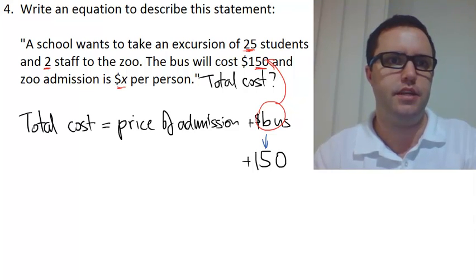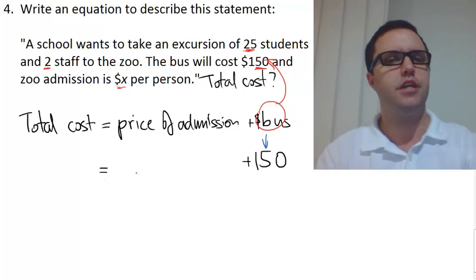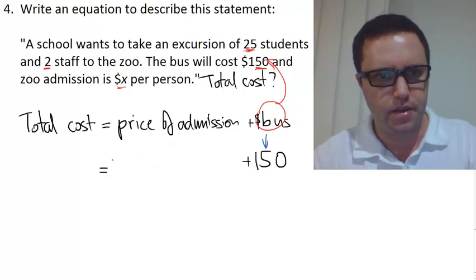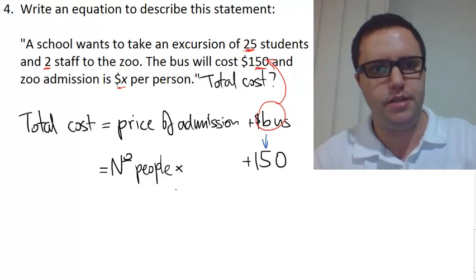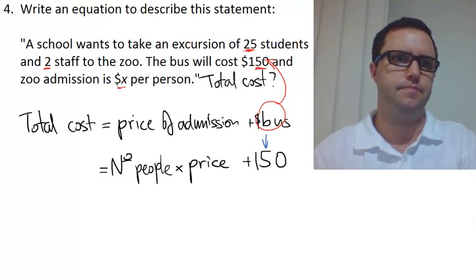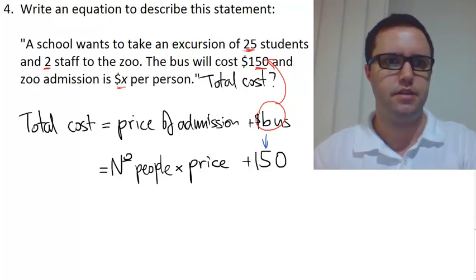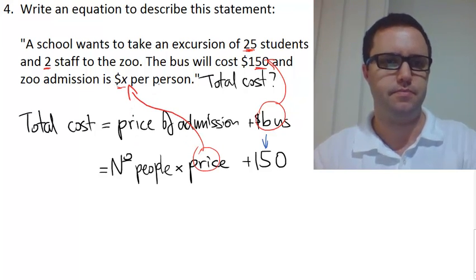Now, next one here, let's work on this. The price of admission. Well, the price of admission is going to be the number of people multiplied by the price. Where's our price? Our price is x dollars per person.